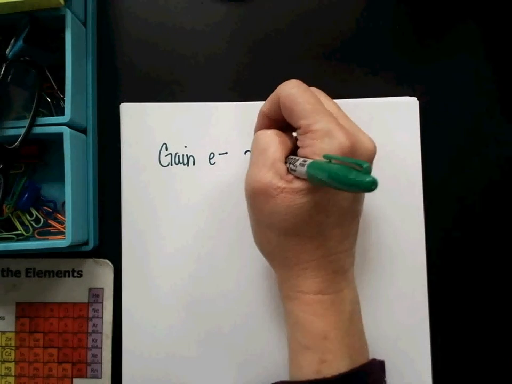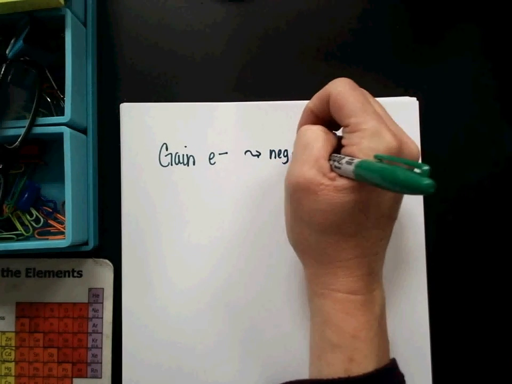If I gain electrons, don't say the answer out loud, let everybody have some time to think about it. If I gain electrons, what happens to my charge? Obviously, I'm not neutral, but what kind of charge am I going to have if I gain electrons? Ava, what do you think? I'm going to have a negative charge.